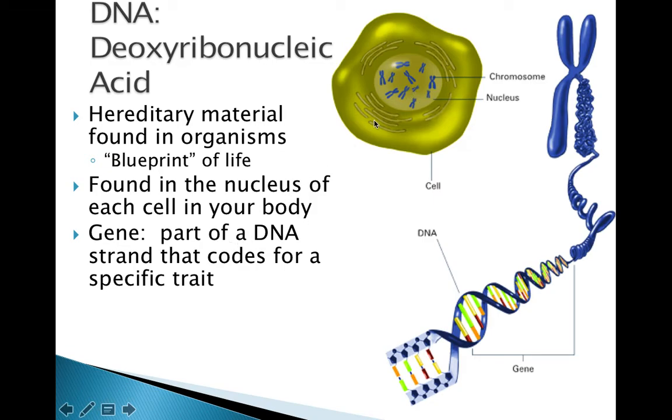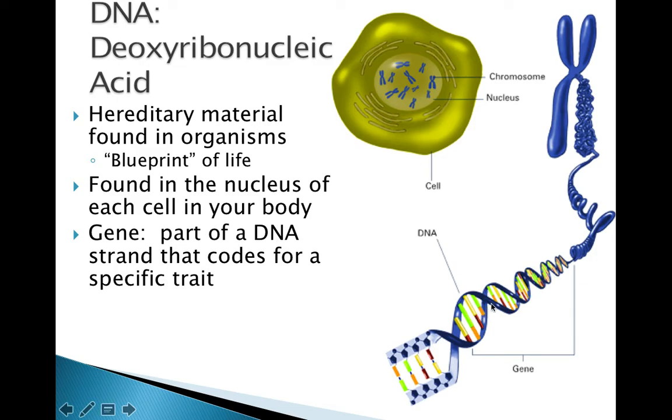A gene, and we've talked about that word a lot in the last unit, a gene is just one part of the DNA. It's a specific spot on the chromosome that contains information for a particular trait. So this chromosome here might be carrying this gene, and that gene might be something to do with how tall you're going to be.